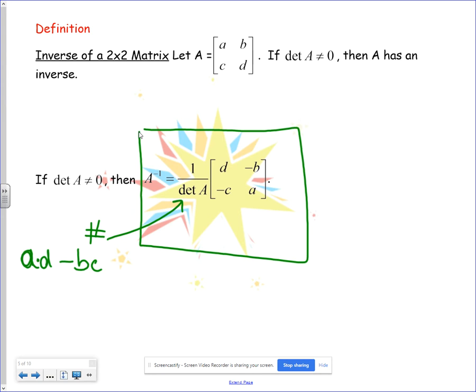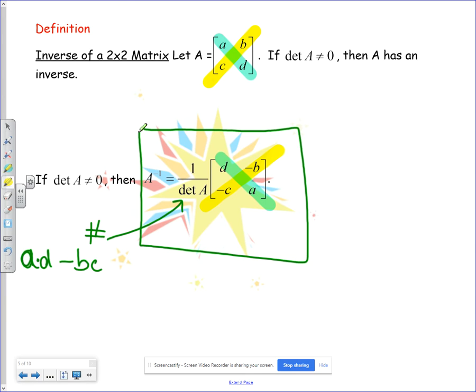Notice what happens here. We take our original matrix, we got A and D in here, but in my new matrix, it's switched. So you switch those, and then the B and the C, you keep those where they're located, but what you do is you change the sign of them.